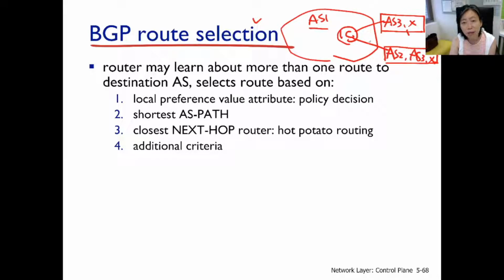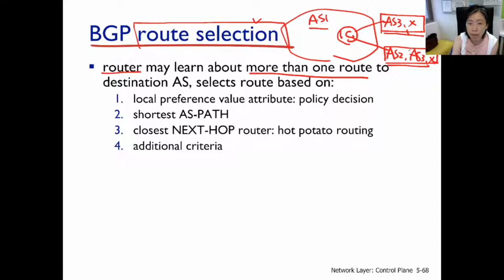As a result, 1C will need to propagate both paths internally. So each of these routers internally will see more than one route to the destination X. Ouch. So that's when we apply route selection. The internal router will need to apply route selection here to decide which of these two it will send packets to. The process is like this.